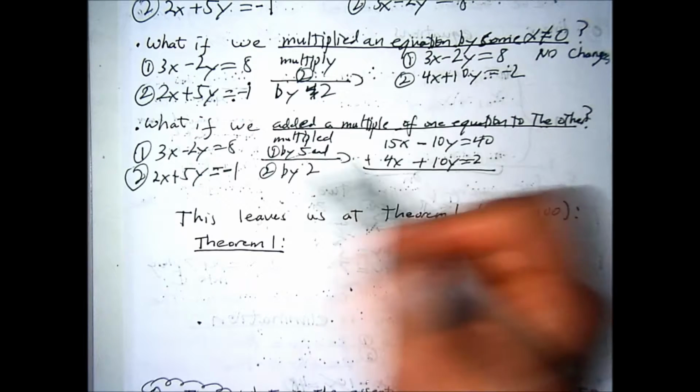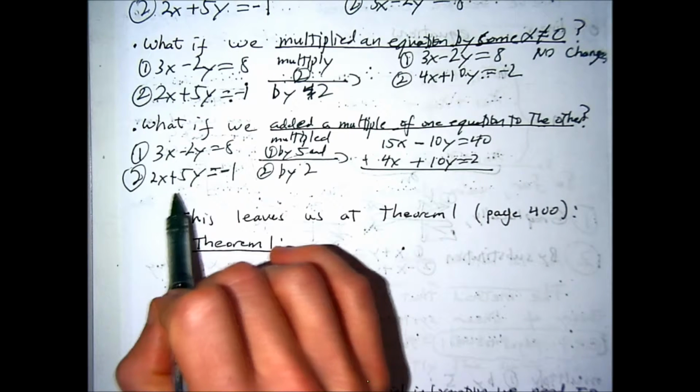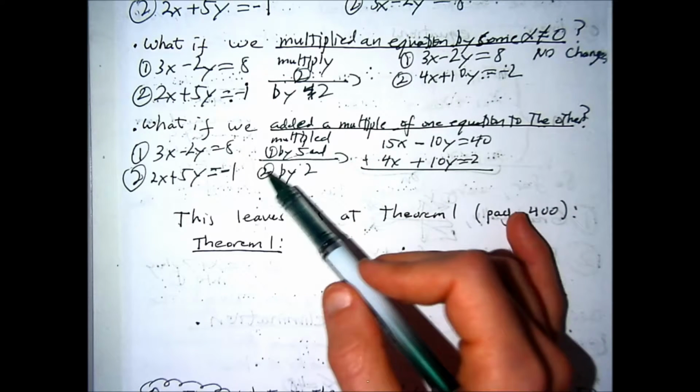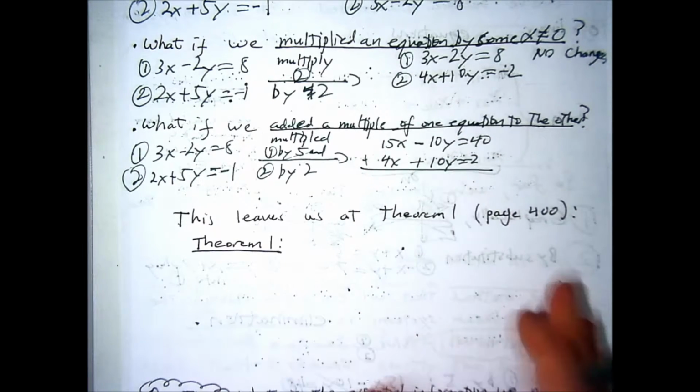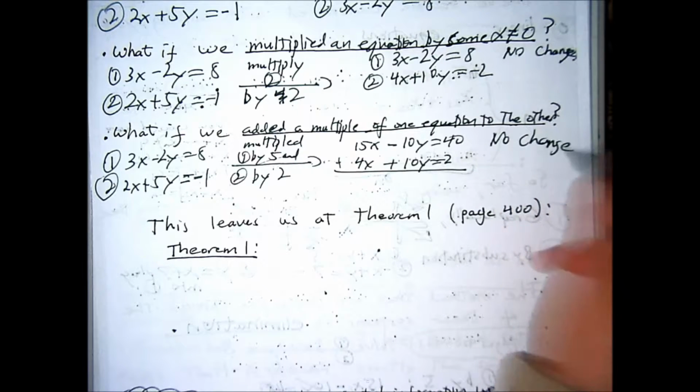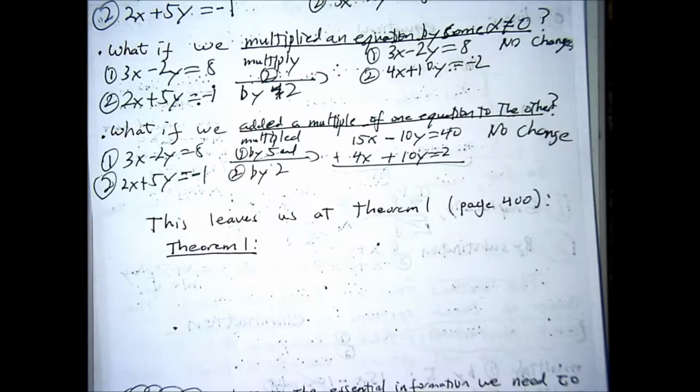But I was able to multiply equation 2 by something, and it didn't change it, according to this rule that we have here. Then I added a multiple of equation 1, and that doesn't change it. So no change yet again. So we have 3 rules. And that's what theorem 1 is on page 400.